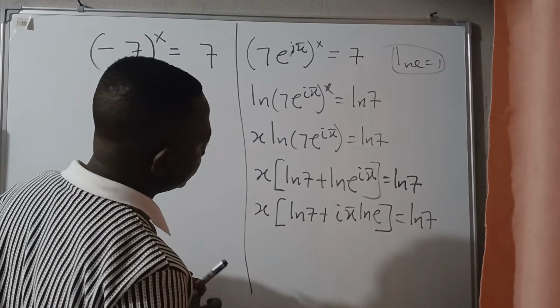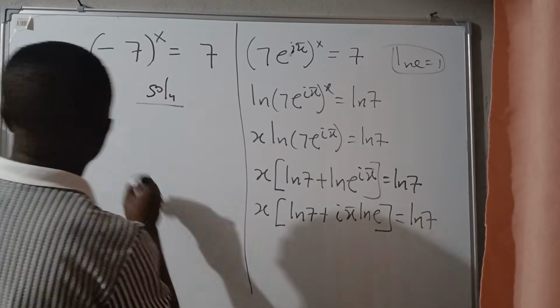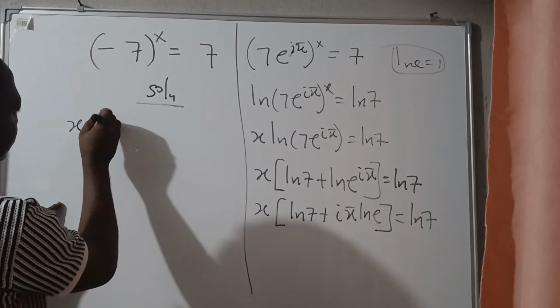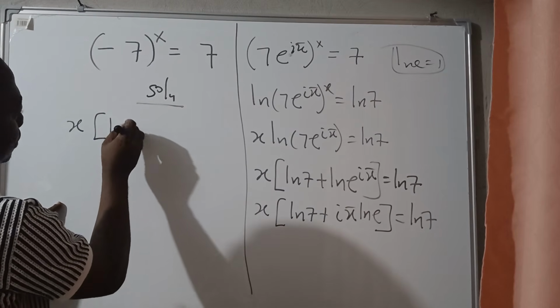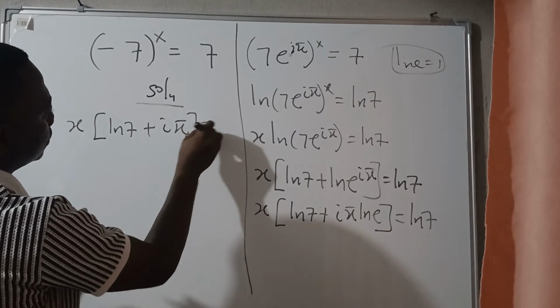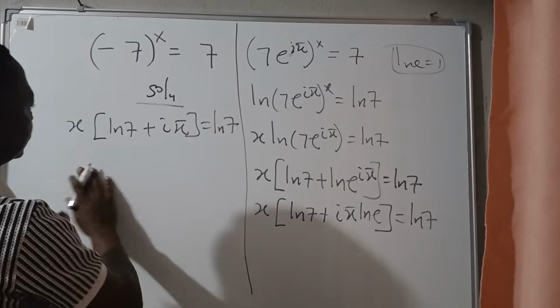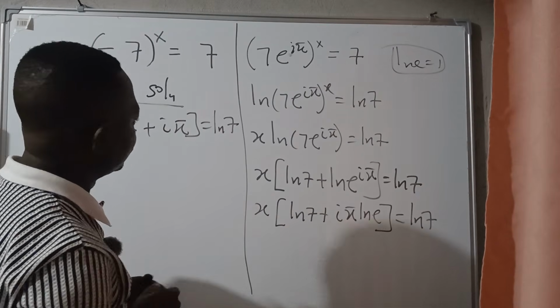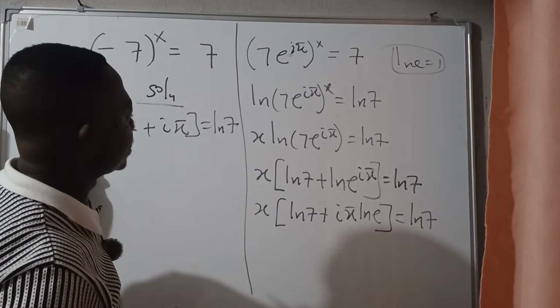From here I can say x times (ln of 7 plus iπ) equals ln of 7. So guess what, we can find x here.